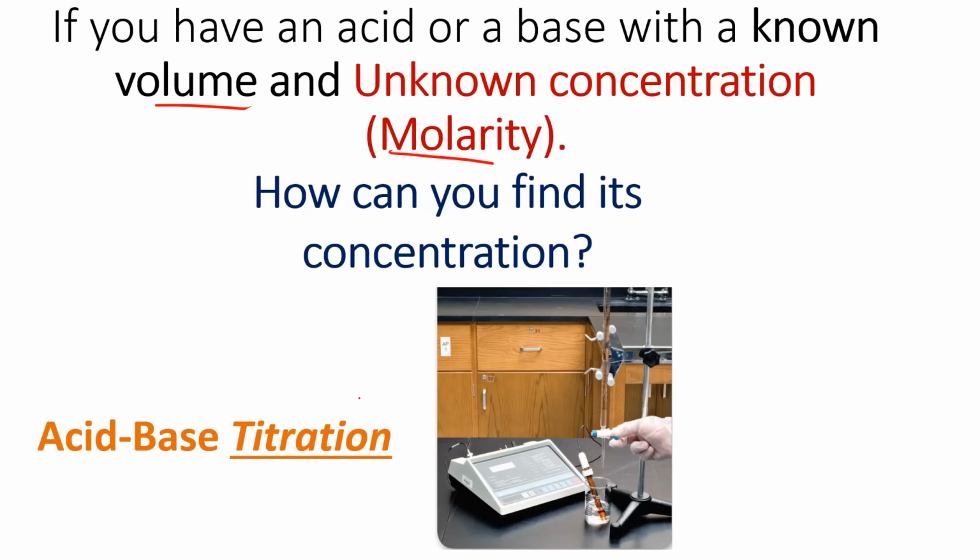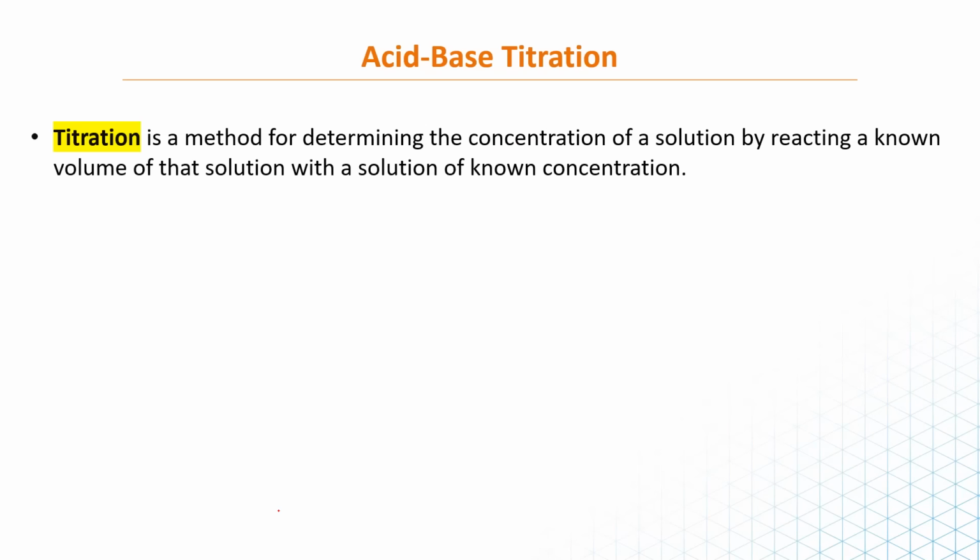So we use something called acid-base titration, which is a neutralization reaction. Okay? So what is titration? Titration in chemistry is a method we use to determine the concentration of substances whose concentration we don't know.